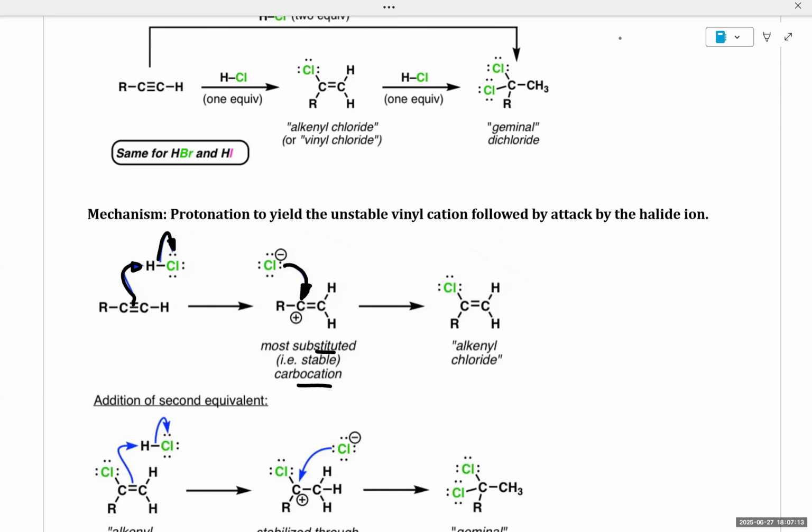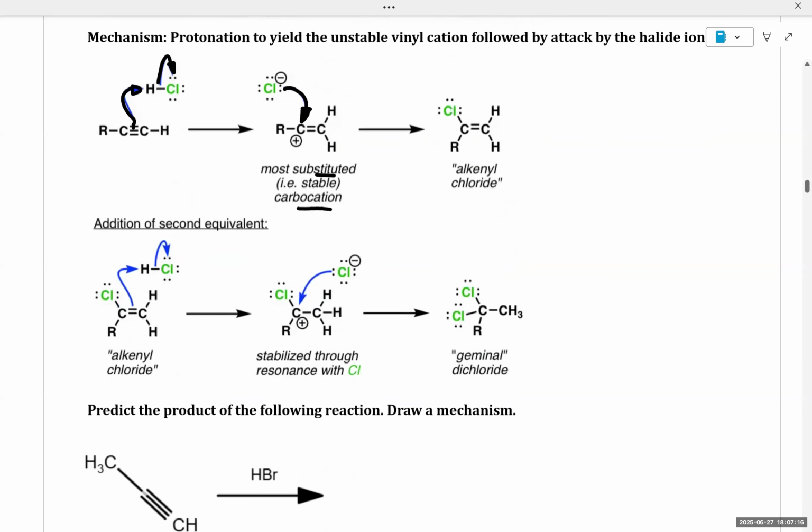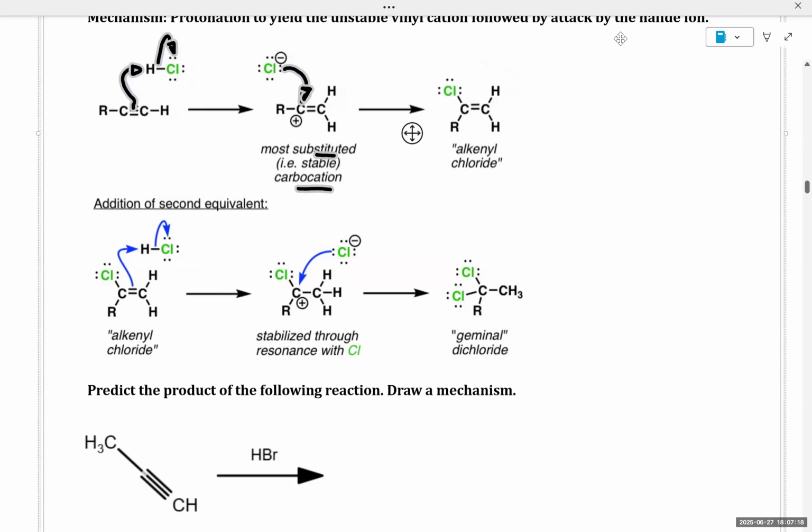Now, unfortunately, this vinyl chloride can react with a second equivalent of hydrochloric acid, in which it's protonated. And in this case, you're almost always going to generate the carbocation at the carbon attached to the chlorine. Why? Because it's usually going to be the more substituted carbon, and this carbocation is resonance stabilized from the adjacent chlorine atom.